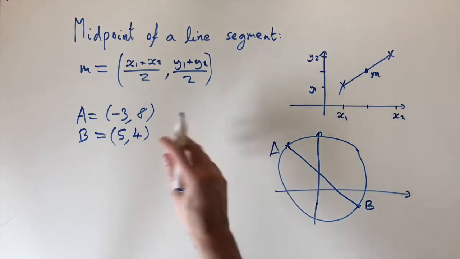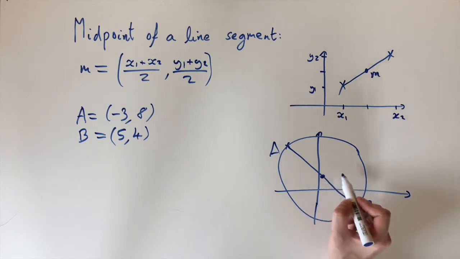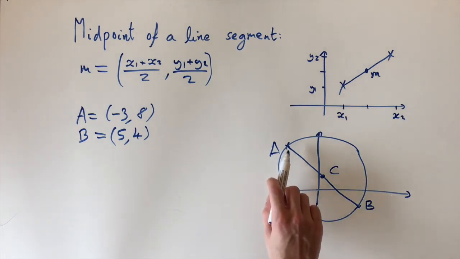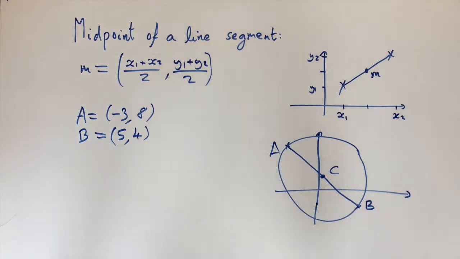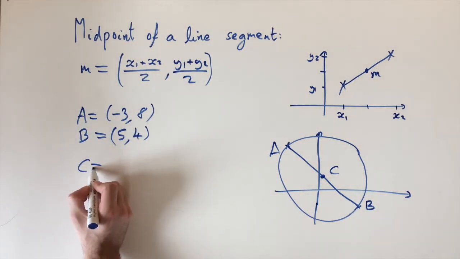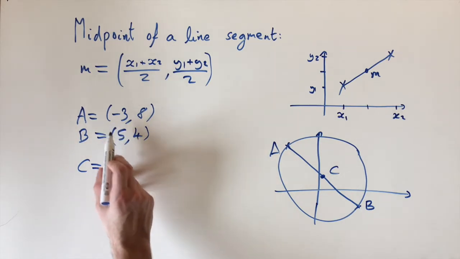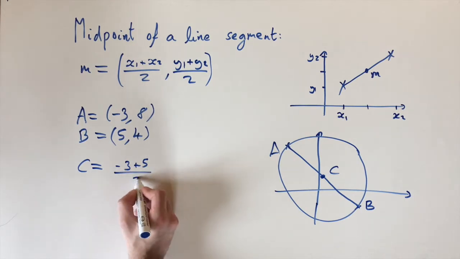So we essentially need to find the midpoint between A and B. The center is going to be right here. If I call this capital C, then since the diameter connects points on opposite sides of the circle, the midpoint is going to give us exactly the center. So we can just go ahead and plug these numbers into the formula. The center of the circle is the average of the x coordinates, so (-3 + 5) divided by 2.